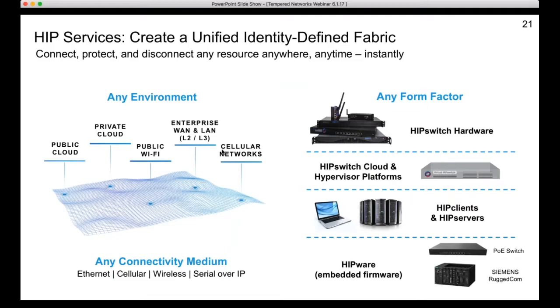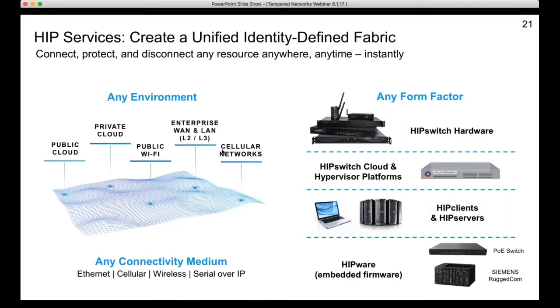A big part of our overall roadmap and philosophy has been to enable the host identity protocol to be deployed everywhere. It is an open standard. It was recently ratified in 2015.